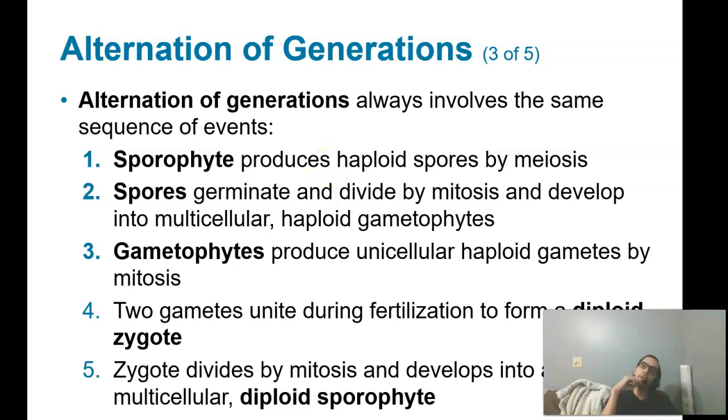Okay, then the sporophytes produce spores. The spores then develop into the gametophytes. The gametophytes will produce the gametes, and then the gametes will fuse during fertilization and form a diploid zygote. And then the zygote develops into a diploid sporophyte.